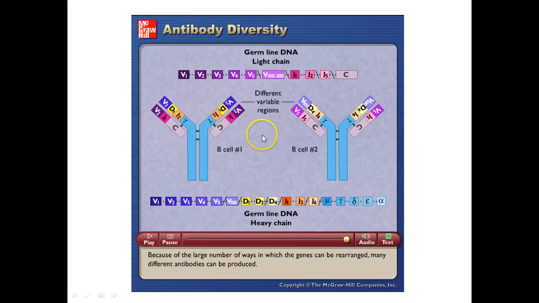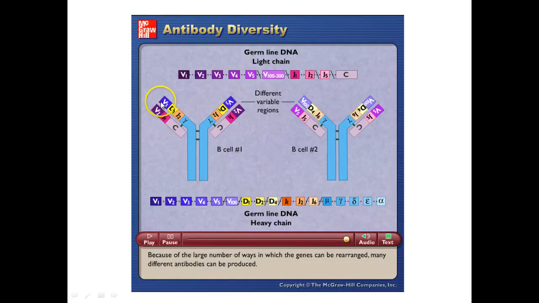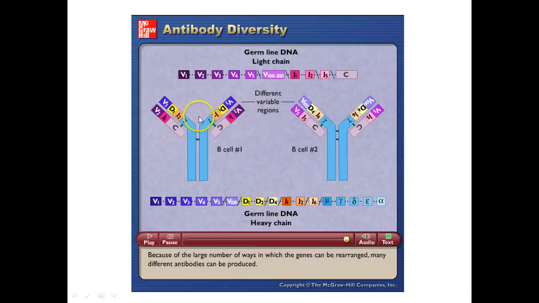Right? And then what we call gene rearrangement is what we just talked about, picking those different genes and combining them together. Now the second thing is that they don't precisely cut these pieces, right? This is what we refer to as imprecise joining. So remember, this V segment that they're saying is number 3 is a whole bunch of nucleotides, A's, G's, T's, and C's.